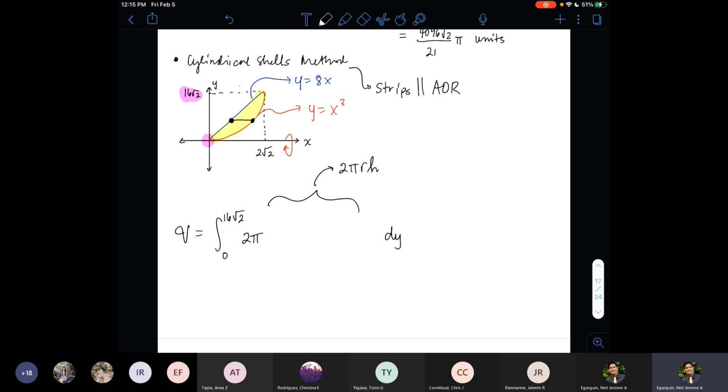Now let's determine the radius and the height. Let's do the radius first. But again, it's helpful to draw how the cylinders look like. The radius of the cylinders will be coming from the axis of revolution towards the strip. If I revolve the strip with respect to the axis of revolution, I'll get cylinders that look like this. Or at least this is half of the cylinders.